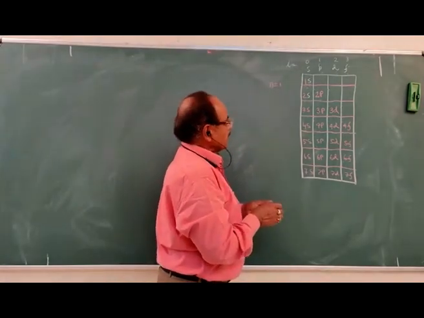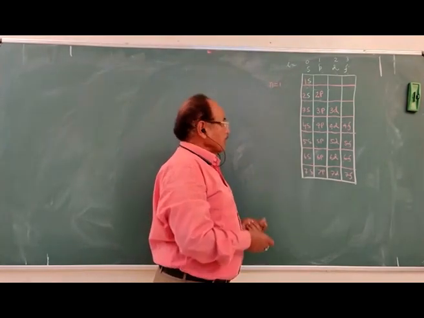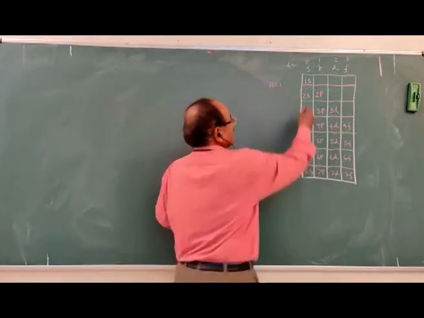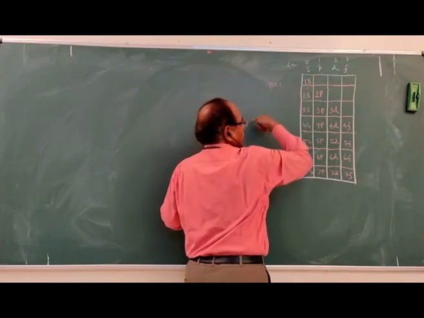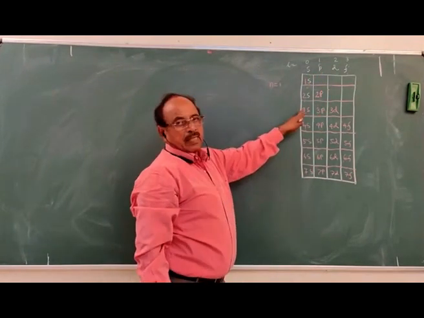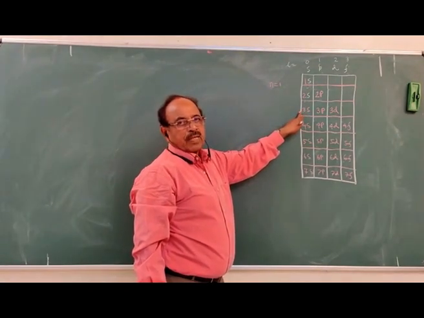Then what we have learned: join the diagonals of the squares to know the orbitals in the increasing order of energy. So first we will go to 1s, and we join the diagonals of the squares of the table to know the orbitals in the increasing order of energy.